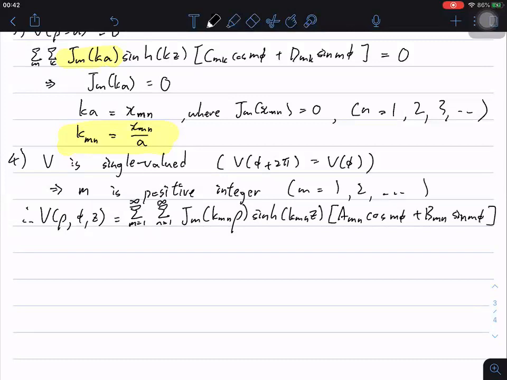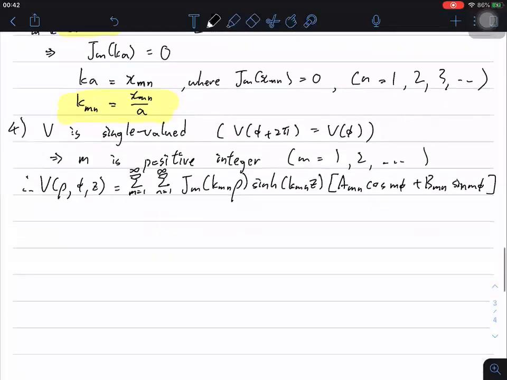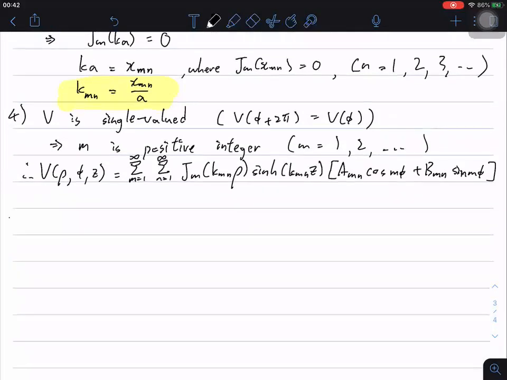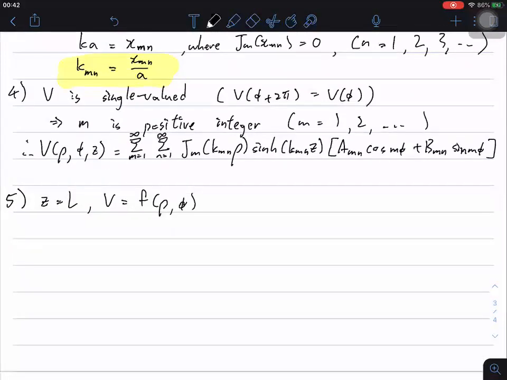So I rephrase it: I put the coefficients of cosine and sine as A and B, because we only have two constants to fix now. In order to find these two constants, we have to impose the last boundary condition, which is when z equals L, we have the potential equal to a general function f of rho and phi.